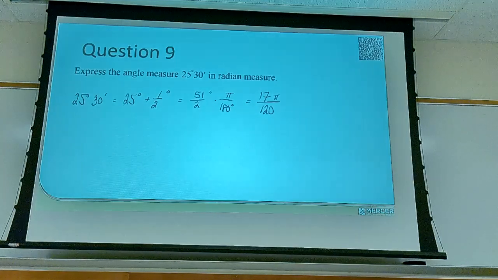Would that be the same as doing 51 divided by 2 over 180? Mm-hmm. Because in the calculator it says 17 over 60. So it would be 17 pi over 60? Should be 17 over 120. That is the correct answer.